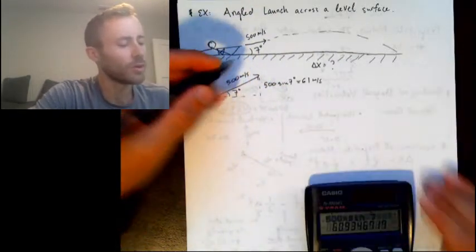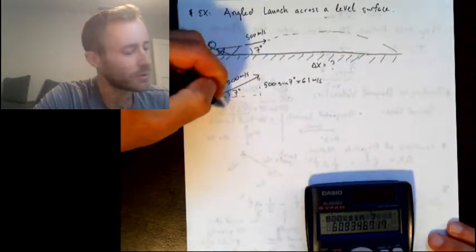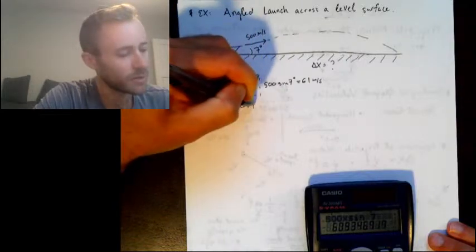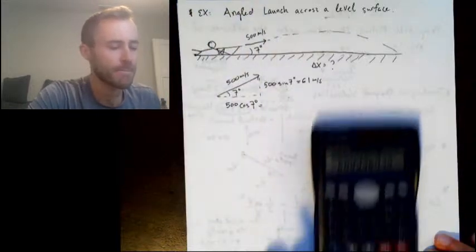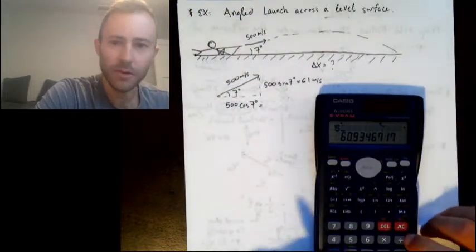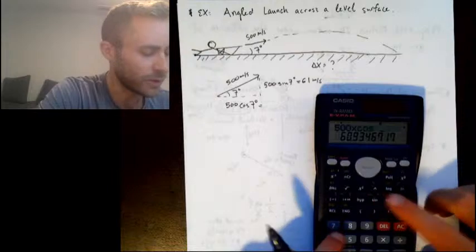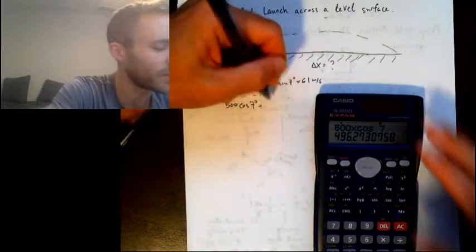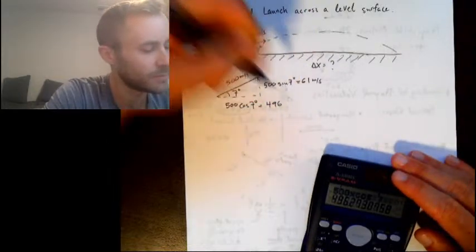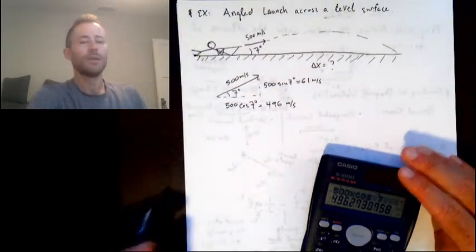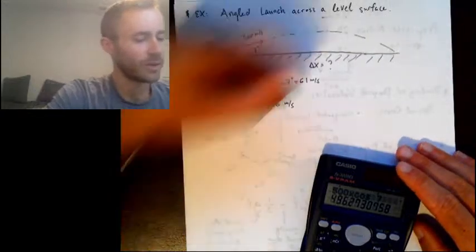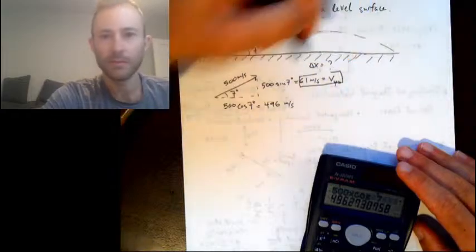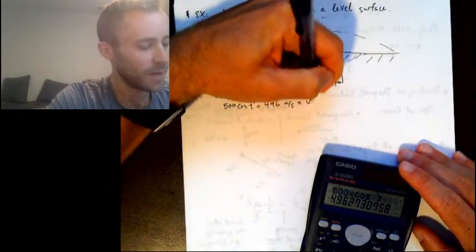To get the horizontal component of the velocity, we have 500 times cosine of 7 degrees. 500 times cosine of 7 is 496 meters per second. So this is Vy naught, and this is Vx naught.